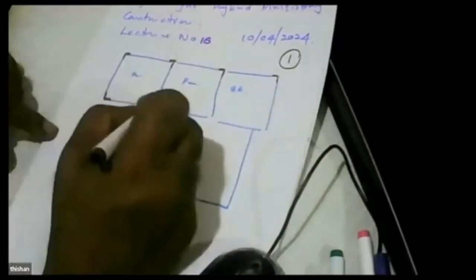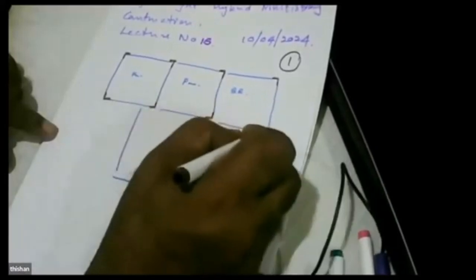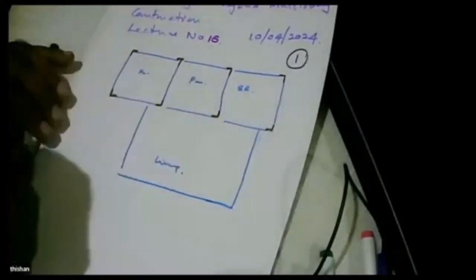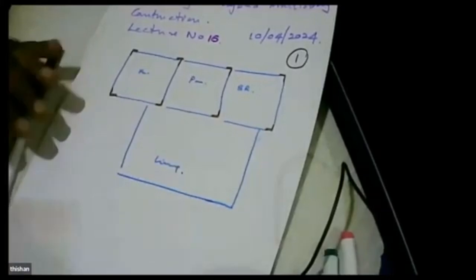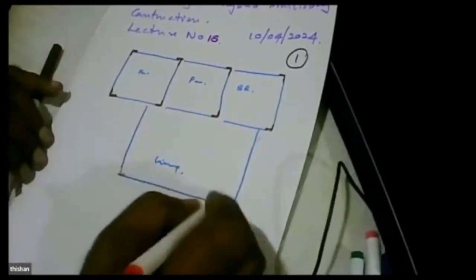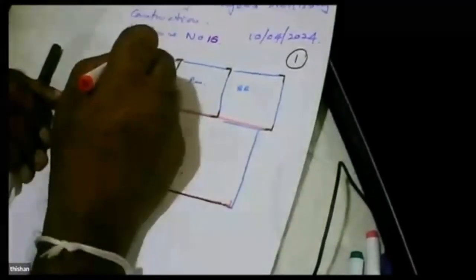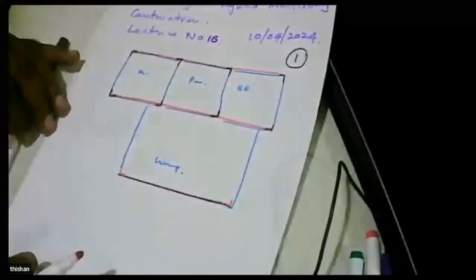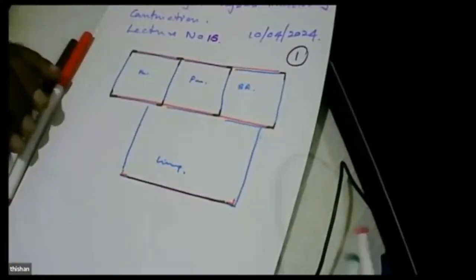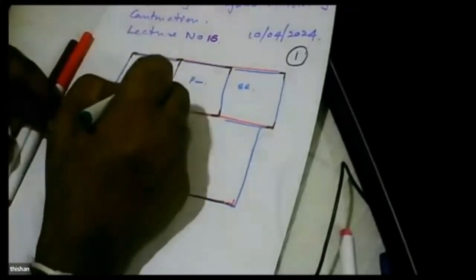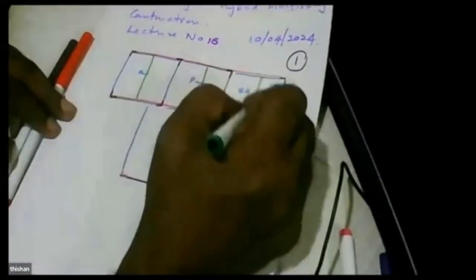So what I proposed was that since we can have L-shaped columns at these places, I proposed to run the concrete beams in this direction, so that we'll be able to run the supporting beams this direction.